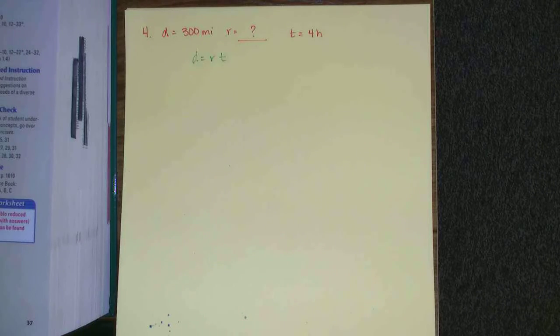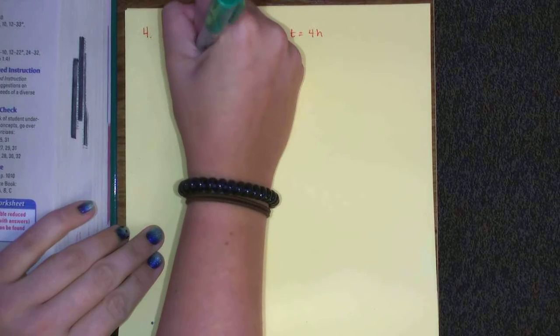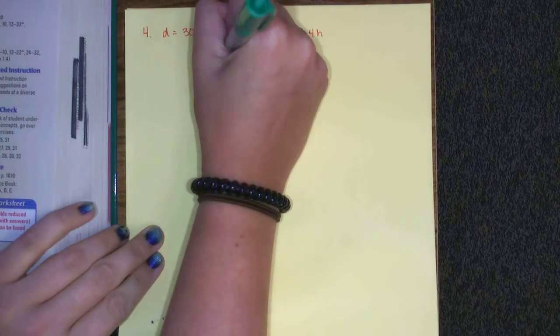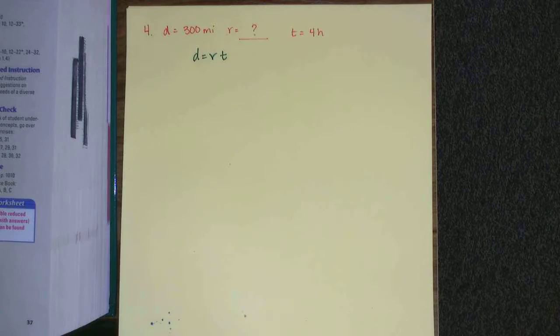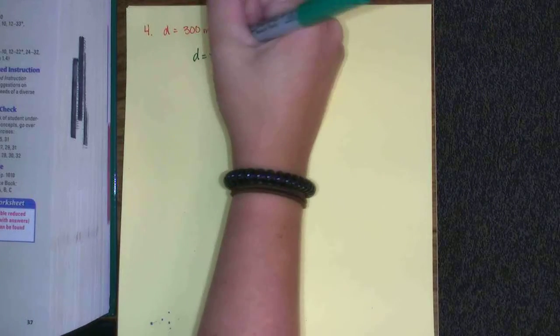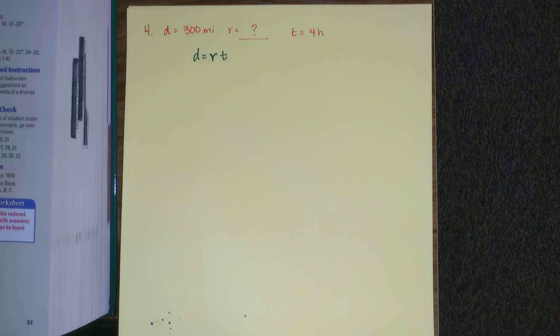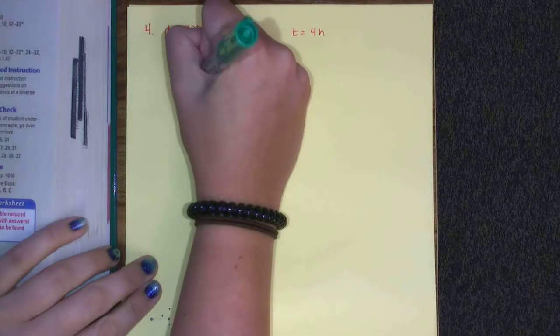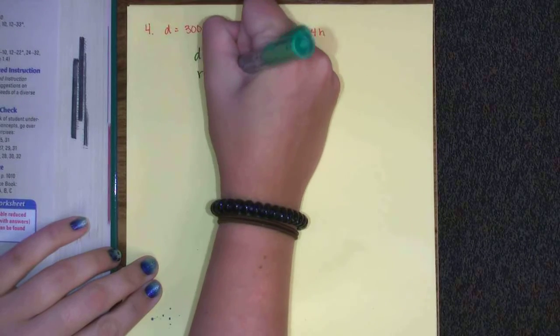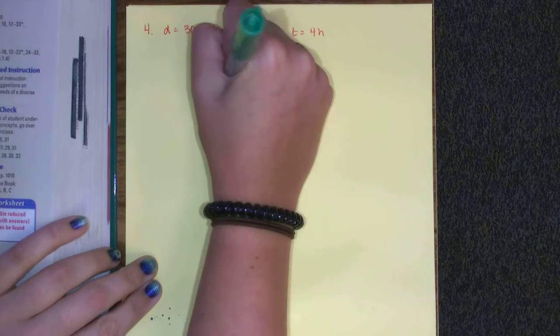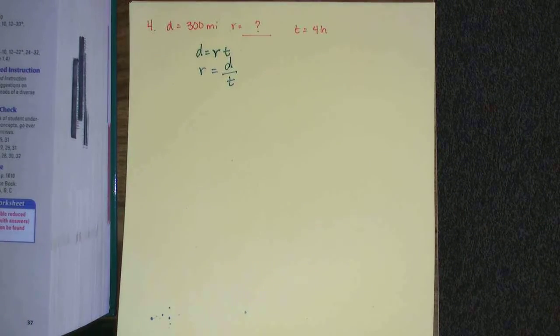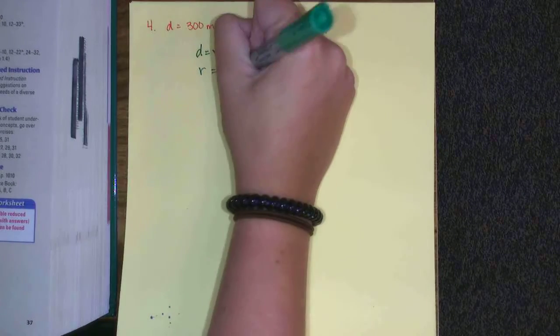So the first thing you want to do is actually solve the formula for the variable you're looking for. So we need R, so we want to get R by itself. So how would I get R by itself? Divide by T. I'm going to move the R to the left just so it's easier. So R is equal to D over T. And now I can plug my stuff in.